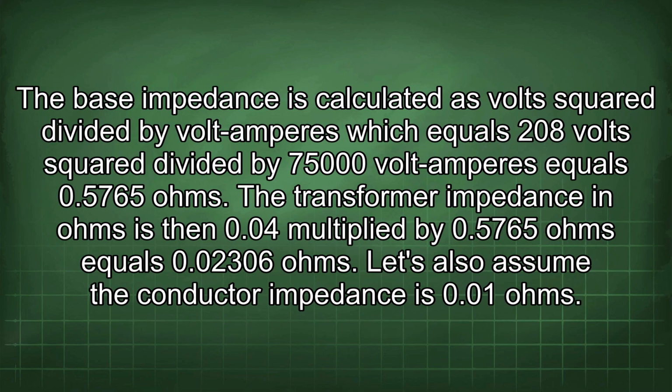The base impedance is calculated as volts squared divided by volt amperes, which equals 208 volts squared divided by 75,000 volt amperes equals 0.5765 ohms. The transformer impedance in ohms is then 0.4 multiplied by 0.5765 ohms equals 0.2306 ohms. Let's also assume the conductor impedance is 0.1 ohms.